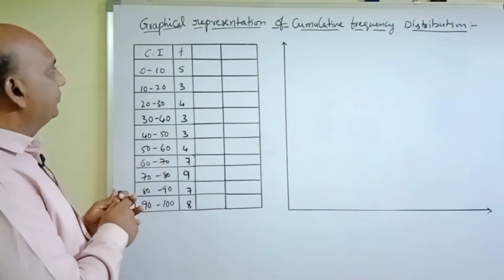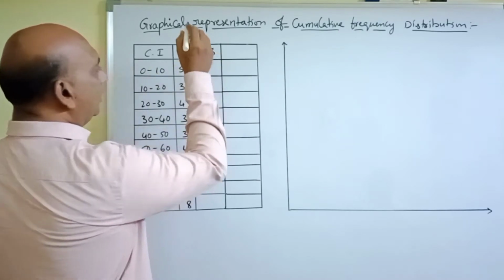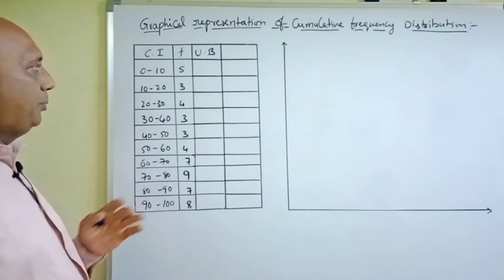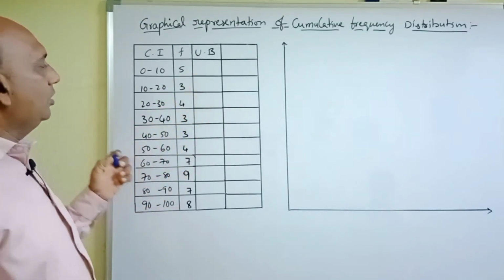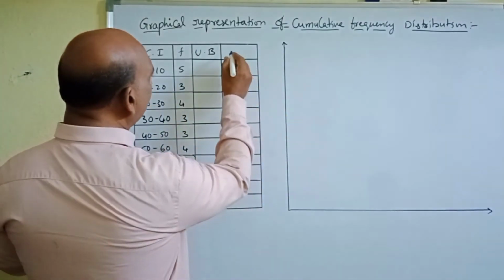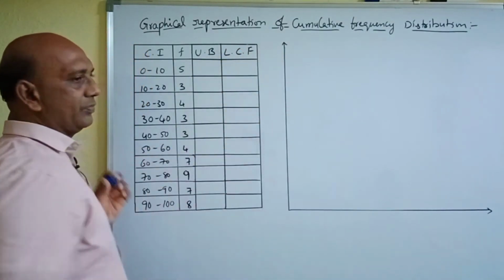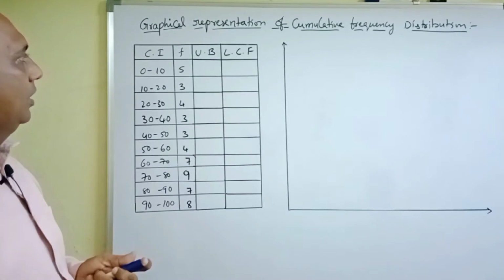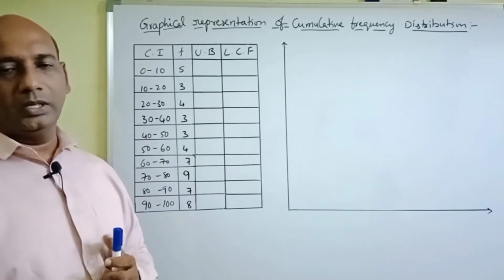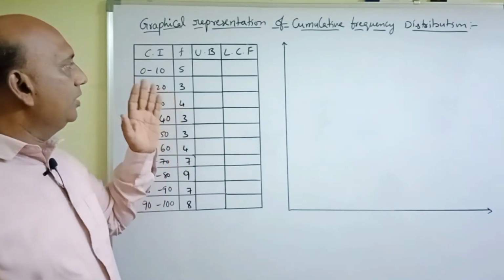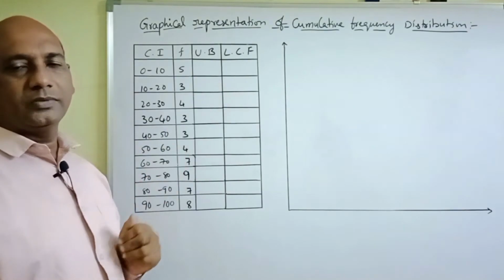First one is upper boundaries, and in the next column, less than cumulative frequencies. I am making the table for the less than cumulative frequency curve.